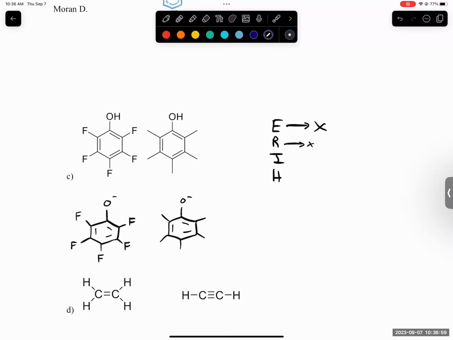Next, we go on to what? Induction, right? So we look for whether there are any electronegative atoms on any of those compounds that can inductively withdraw the negative charge, therefore stabilizing the negative charge. It doesn't have to be a heteroatom with a negative charge.